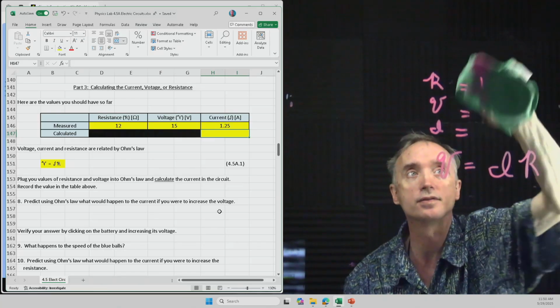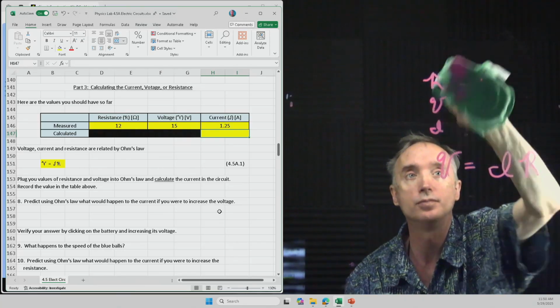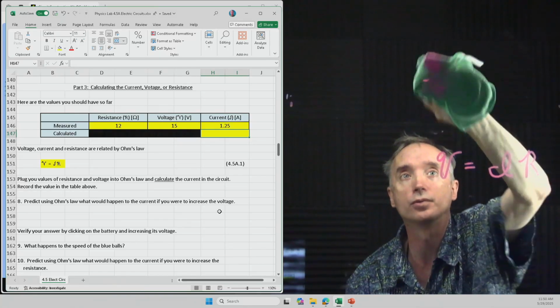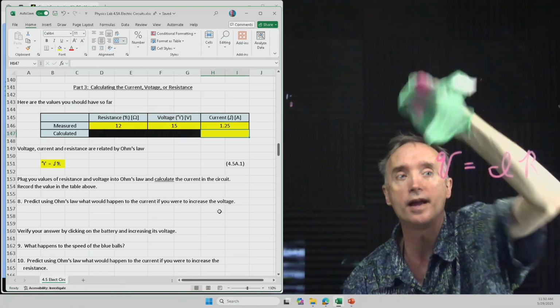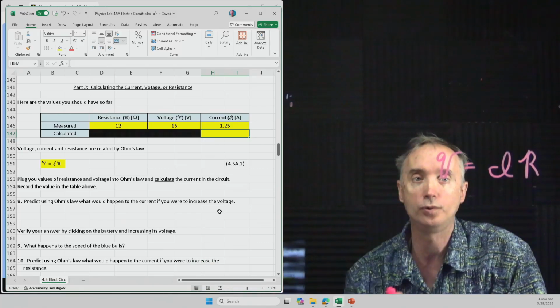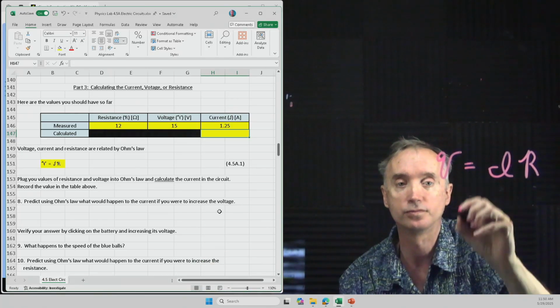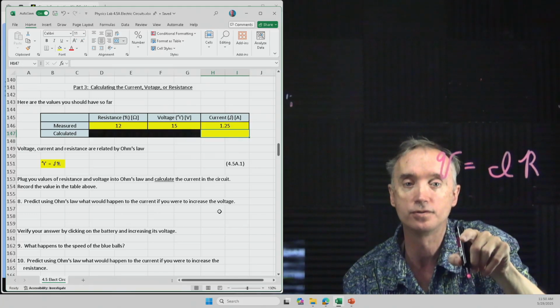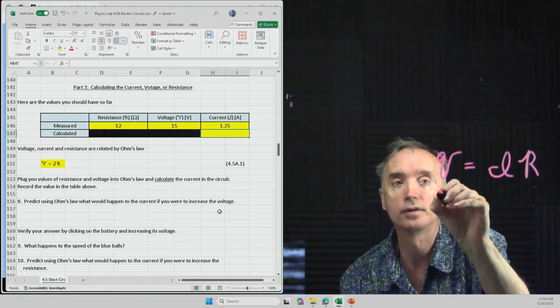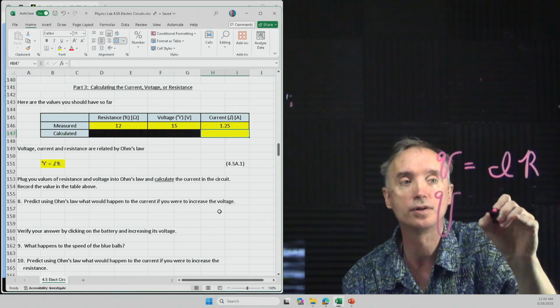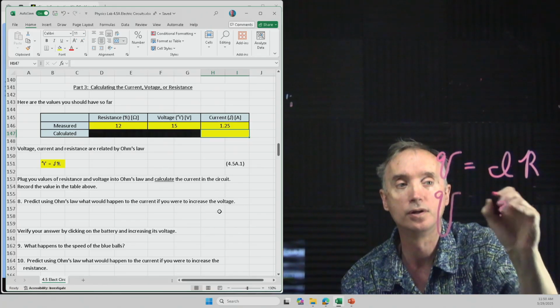Now this is going to be conceptual because we're not really putting numbers into it. We're just asking what happens if we increase the voltage. So we're going to increase the voltage, and the question is what is going to happen to the current.